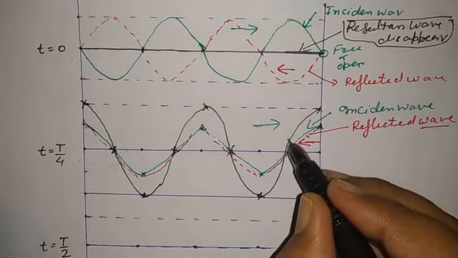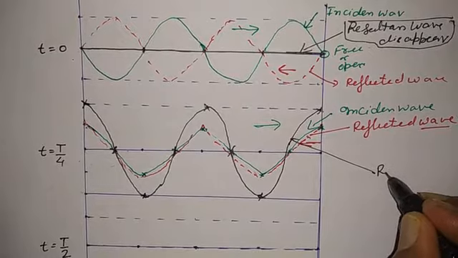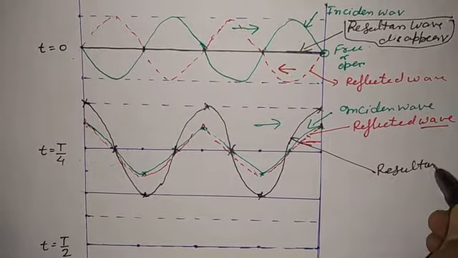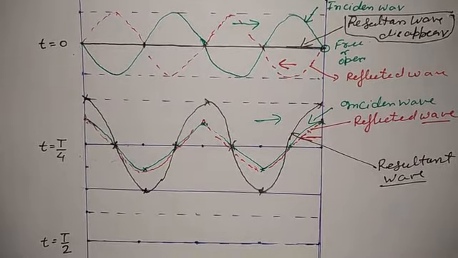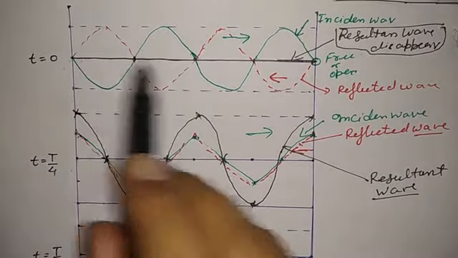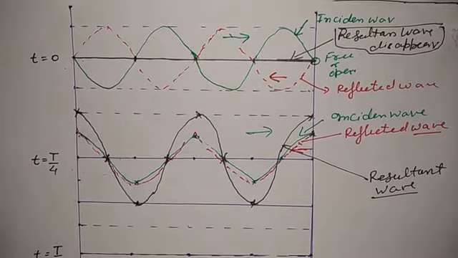So this black is the resultant wave. See, in the previous case the resultant wave disappeared, but it appears with higher amplitude in this case.